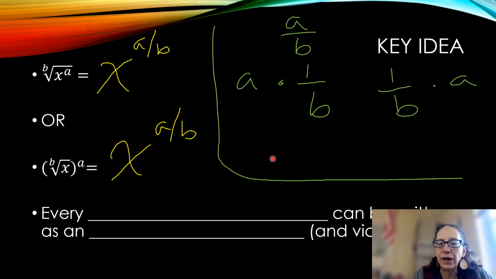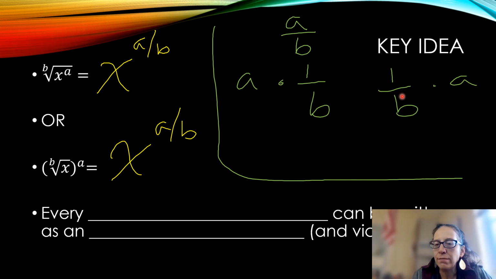This is why the order doesn't matter, because it comes down to multiplication. In this situation, it would be like taking the exponent right there and then taking the bth root. So you take the exponent and then do the root, and the exponent ends up under the radical.